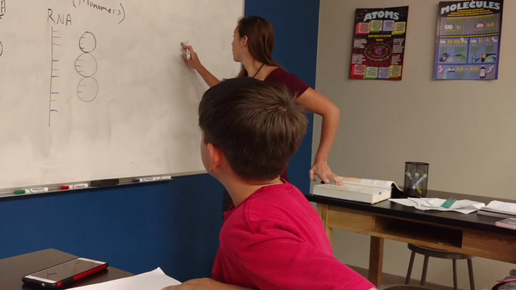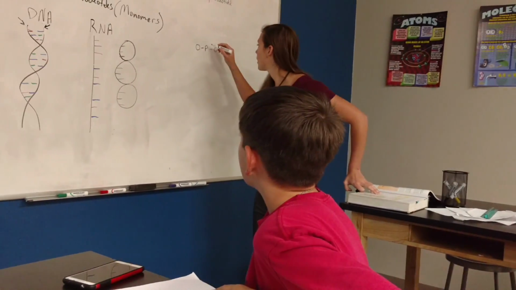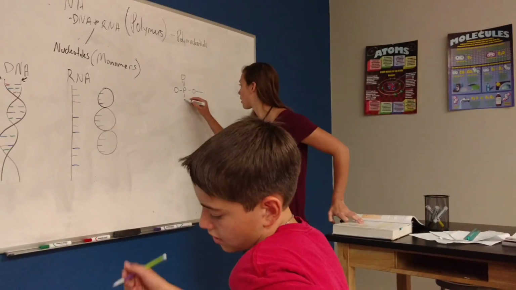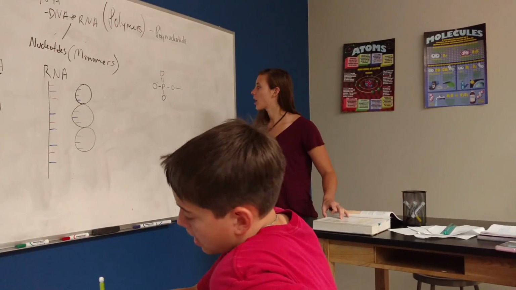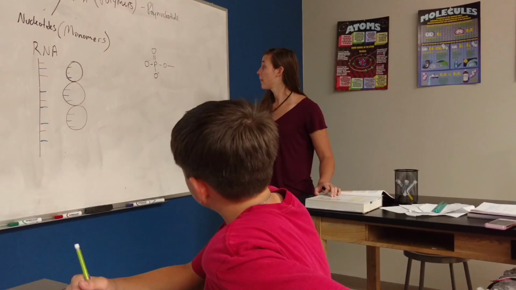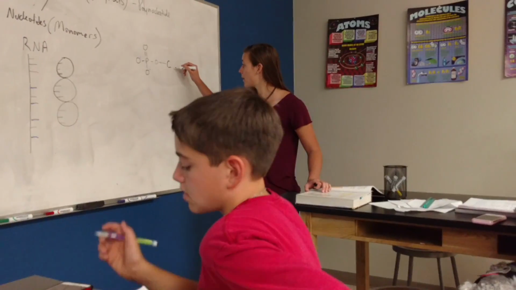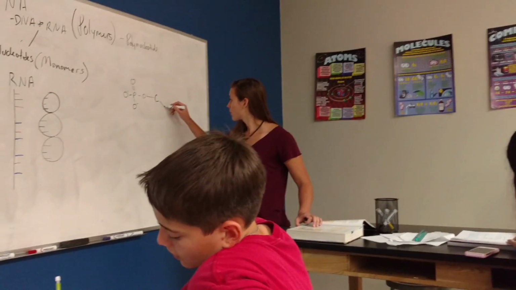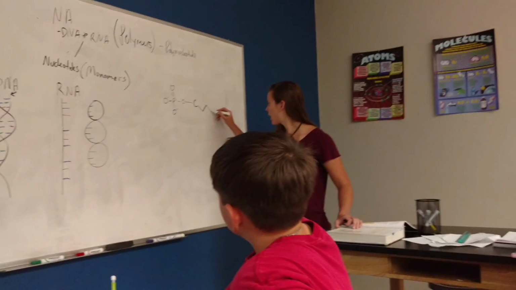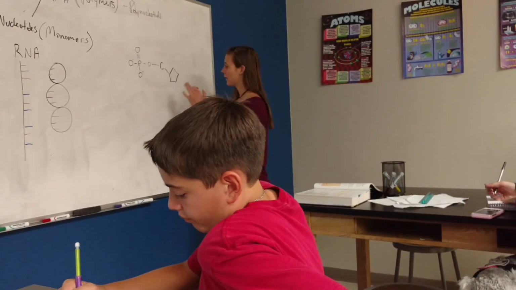So we have our phosphate group. That's O bound, double bound oxygen, bound oxygen. We know what a phosphate group is at this point. We've learned our functional groups, and then we have carbon bound to a 5. I don't like how that looks. It's okay.